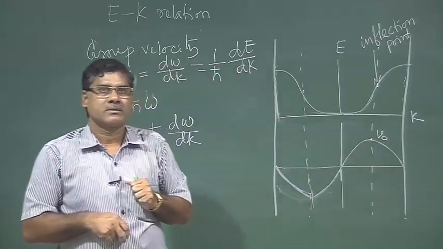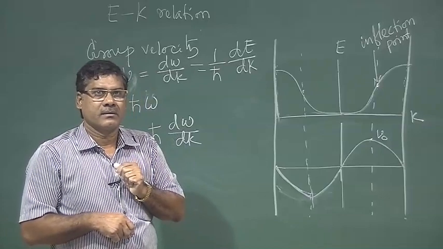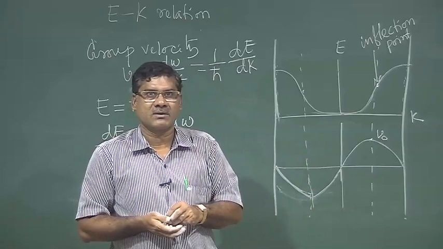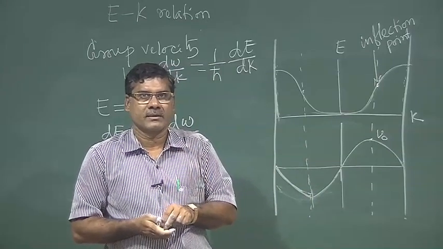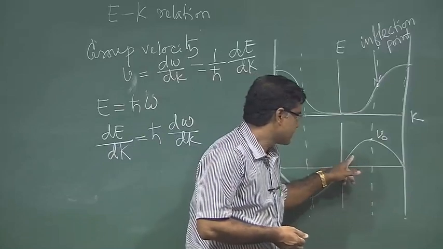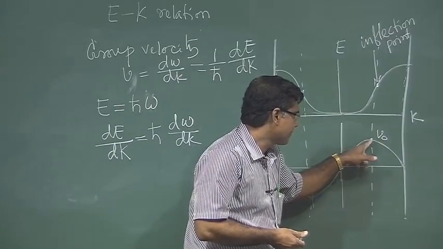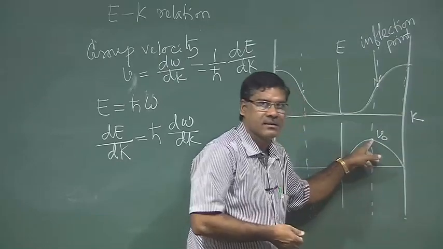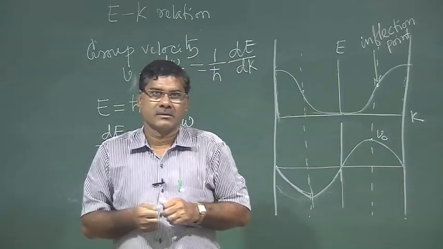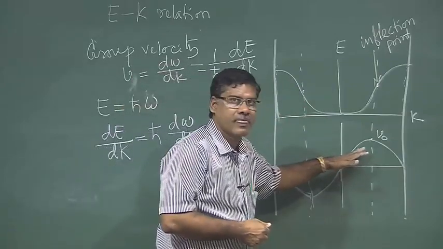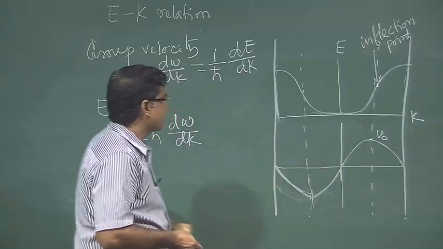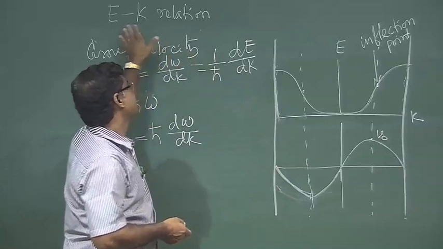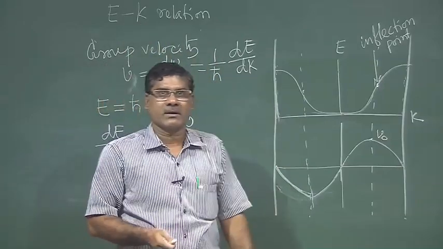If you apply an electric field, the electron will move with some velocity and acceleration, but you see its velocity is different at the top than at the bottom. These are very important findings. That is one: finding the velocity from the E-k relation. Thank you. I will continue in the next class.